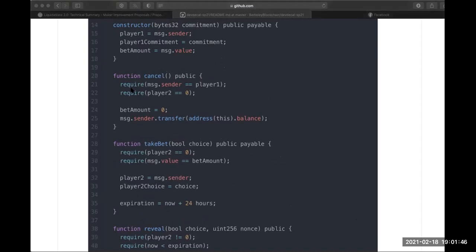In this case, let me show you a better example. Let me find it real quick, because this isn't a very good example.